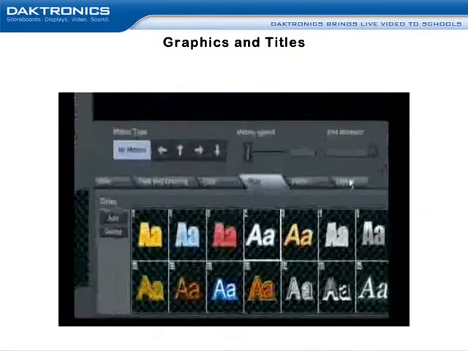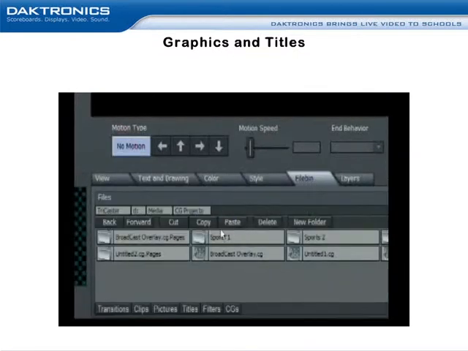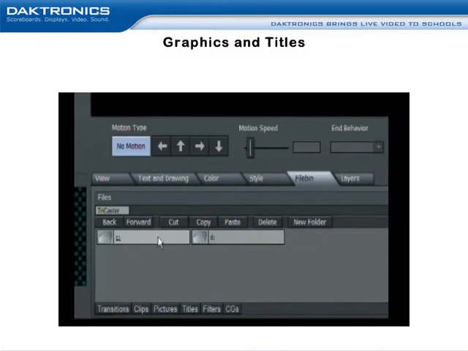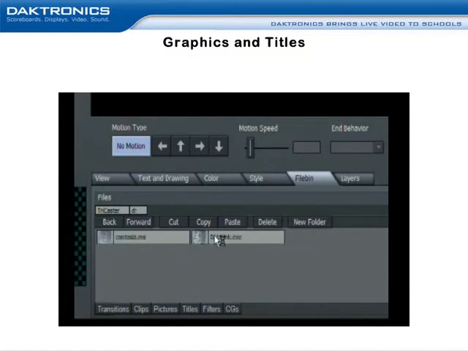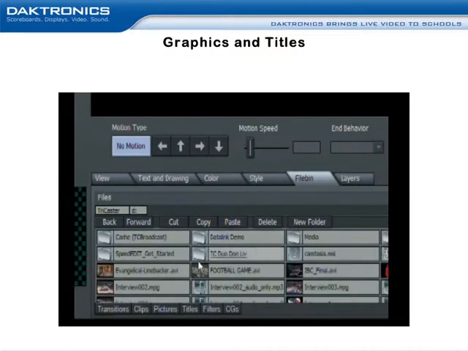We also have a file bin, and from this file bin I can access any drive attached to the computer, or I can hook up external drives such as a USB or a FireWire drive or a thumb drive and access those, and I can import graphics from any other package to use inside of the CG.